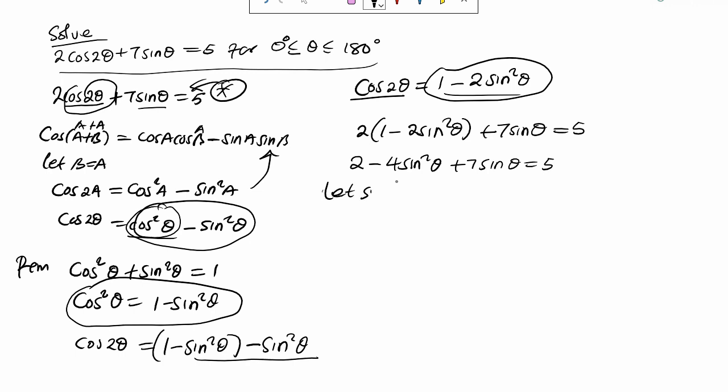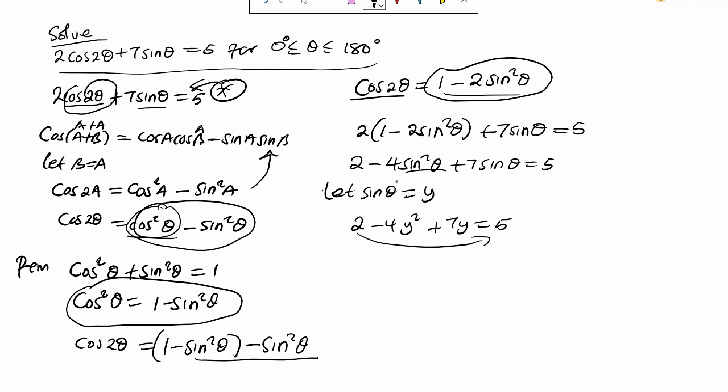So I'm going to let sine theta equal a letter like y, so that where there is sine theta you put y, and I shall have 2 minus 4y squared, because of the sine squared theta, plus 7y equals 5. Right, and I can rearrange this so that I can collect like terms.